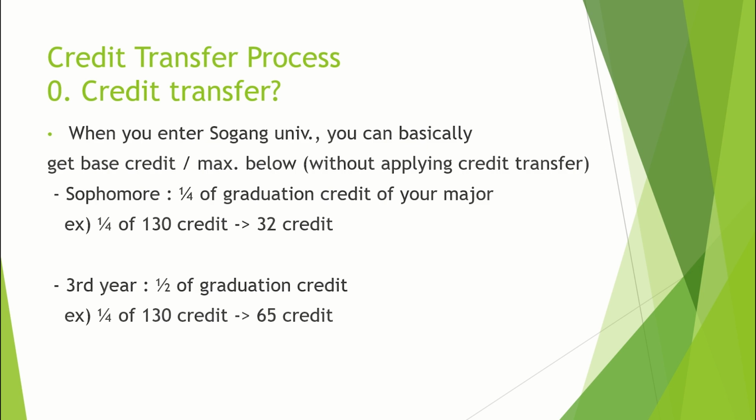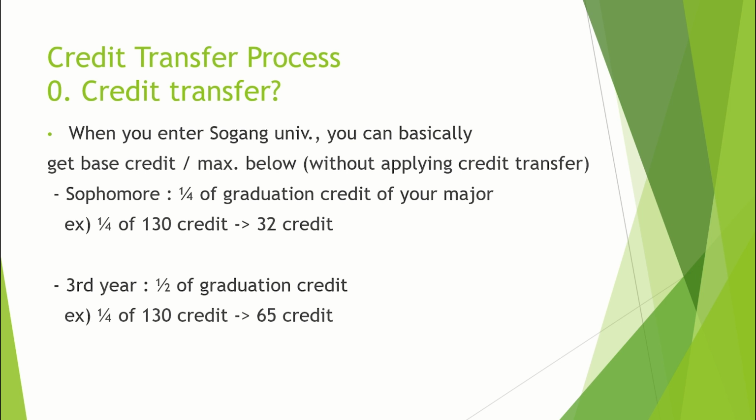You, as a transfer student, I said before, start from the third semester or fifth semester. Therefore, it is not right that you should attend all 130 credits like other students.